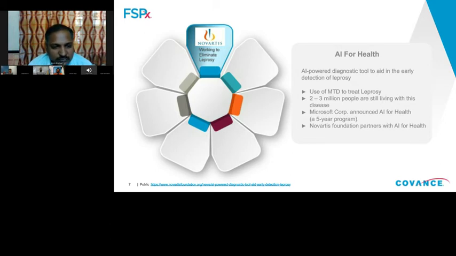So the Novartis Foundation has partnered with Microsoft's AI for Health initiative, and they are developing a powerful artificial intelligence tool to detect leprosy in an early stage.